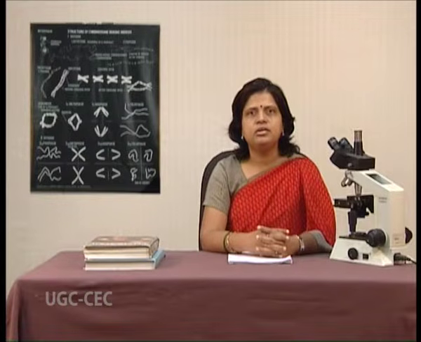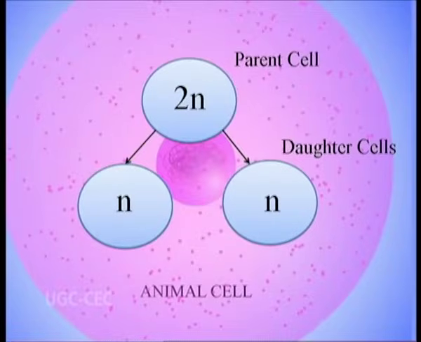In this practical, we will study the second type of division, that is meiosis, which is also called the reduction division. In this kind of cell division, the normal chromosome number, that is 2n of the parent cell, is reduced to half, that is n number of chromosomes in the daughter cells.